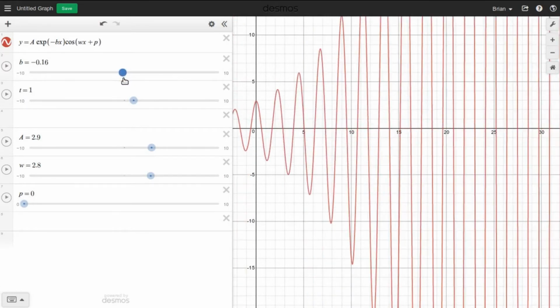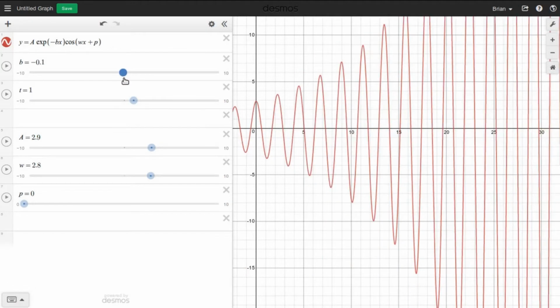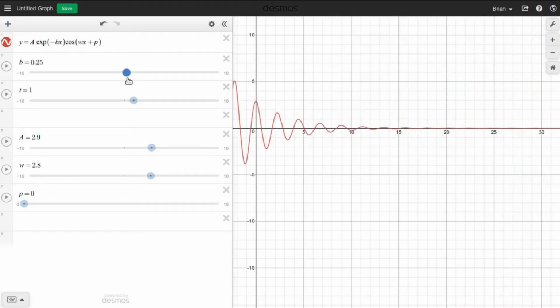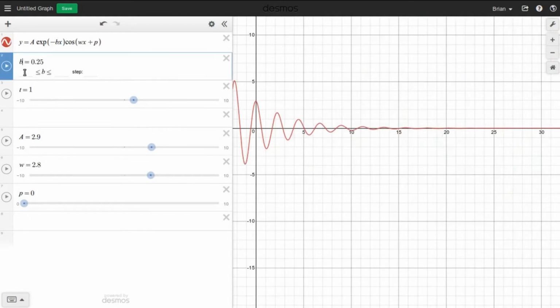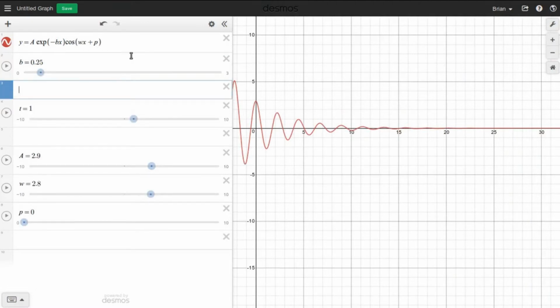Notice I get problems if my damping is negative. My amplitude blows up and I'm going to break my spring. So let's limit this slider. We're going to go from 0 to 3 steps at 0.01. So I can adjust this damping parameter to get more or fewer oscillations before the oscillations die away.